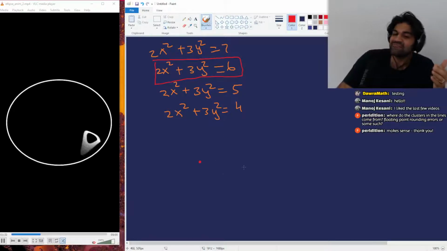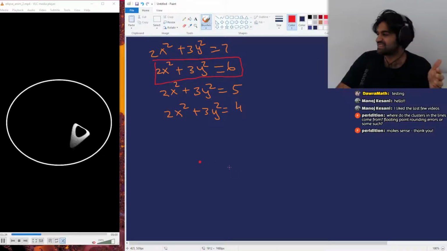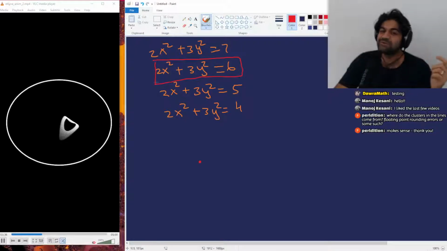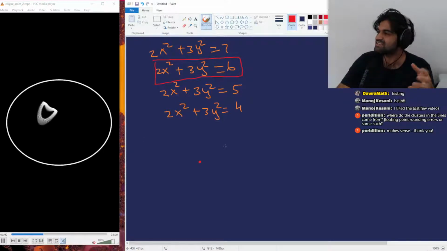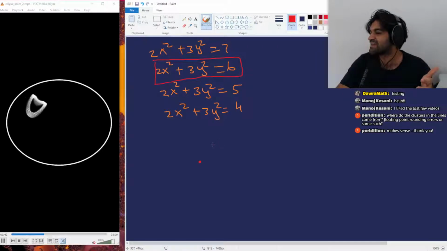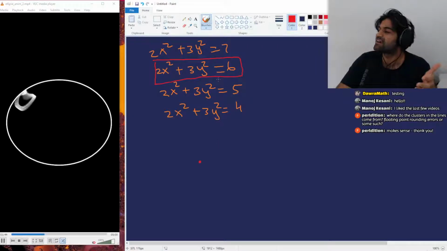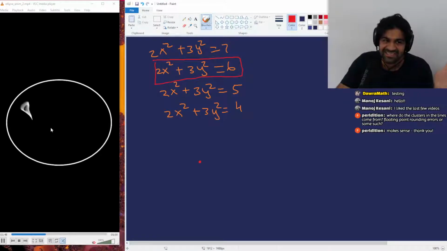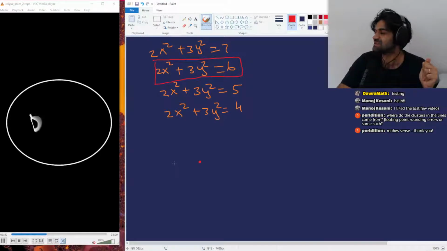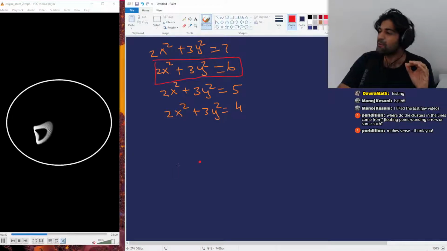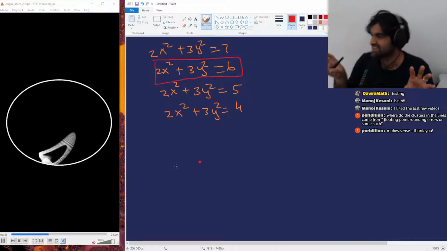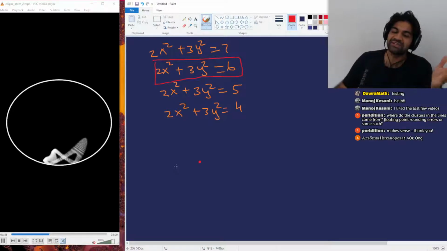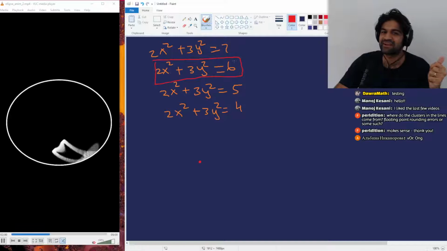So instead of computing distances, I thought that if I use implicitly defined curves, curves that have equations like this, I can essentially use that as a proxy for my distance. And if I use this as a proxy for my distance, I don't need to compute the distance for all 1 million points. And I can have nice, smoothly running animations, as you see over here. Once again, keep in mind this is not a distance, but I'm essentially computing 2x squared plus 3y squared at any point.